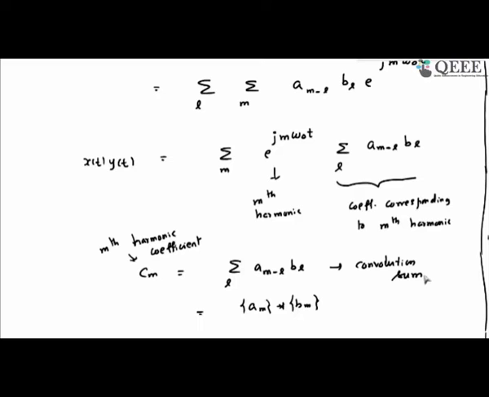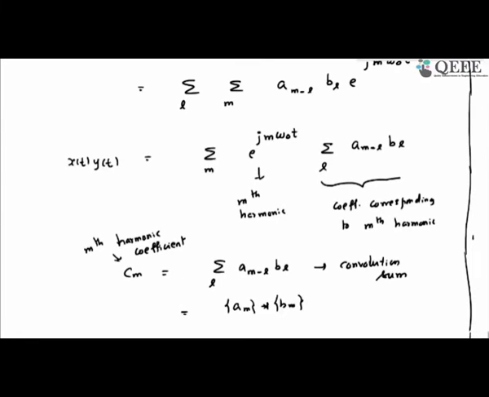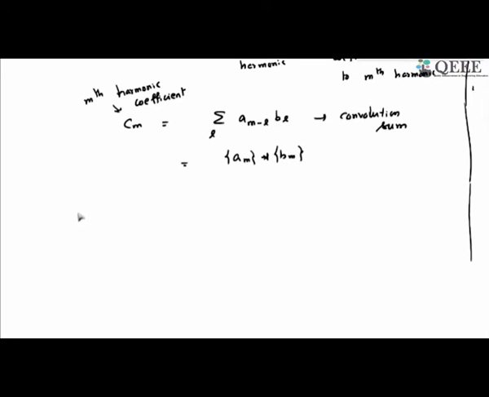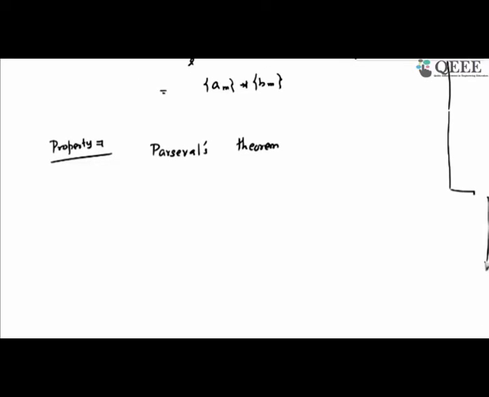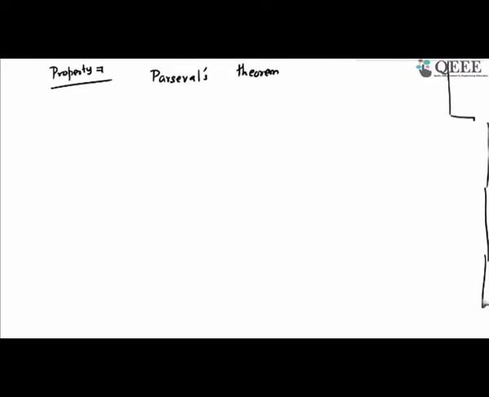Now let me talk about the next important property, which is Parseval's theorem. It talks about the squared value of the signal.